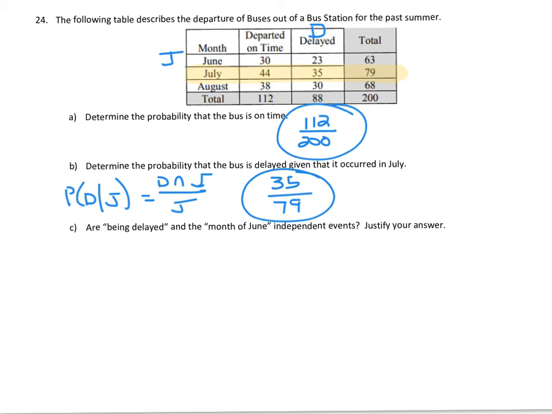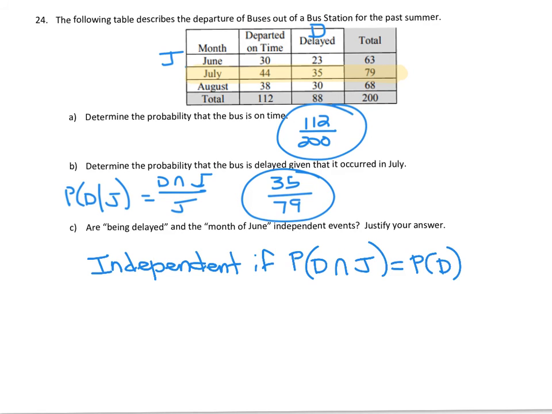All right, so we know that our events are independent if, and let's state the rule, the probability of being delayed and June is equal to the probability of being delayed times the probability of June. All right, so let's look at this, the probability of delayed and June.